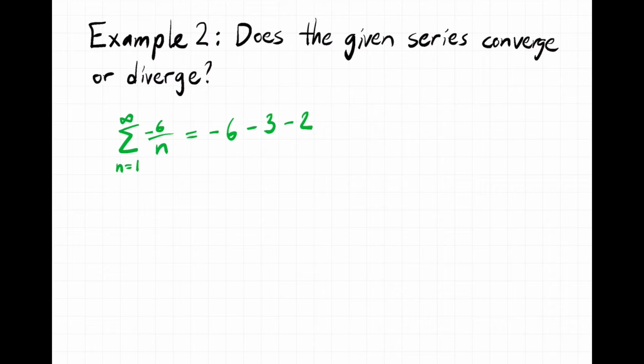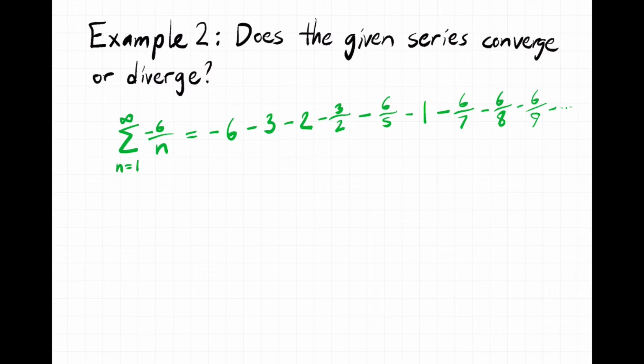When n becomes 4, we'll have -6 over 4. That's -3 halves. Then we'll have -6 fifths. Then -6 over 6, which is -1. Then -6 sevenths. Then -6 eighths, which is 3/4, but I won't bother with that. Then -6 ninths, etc. forever.